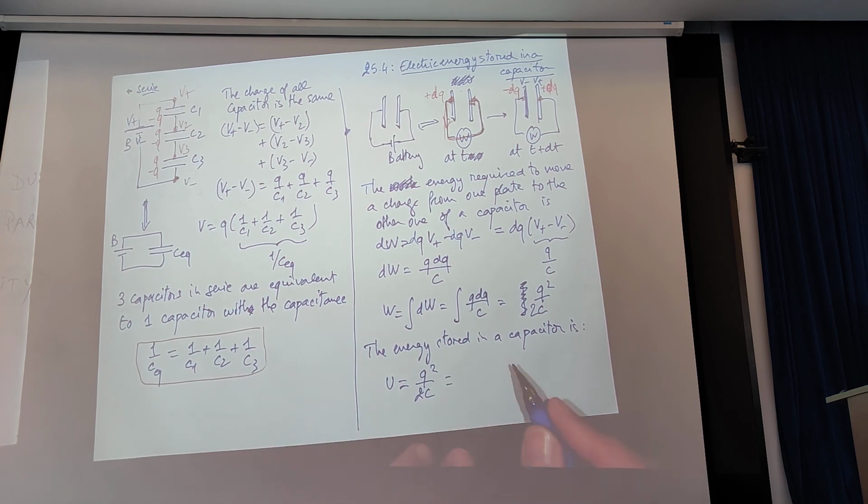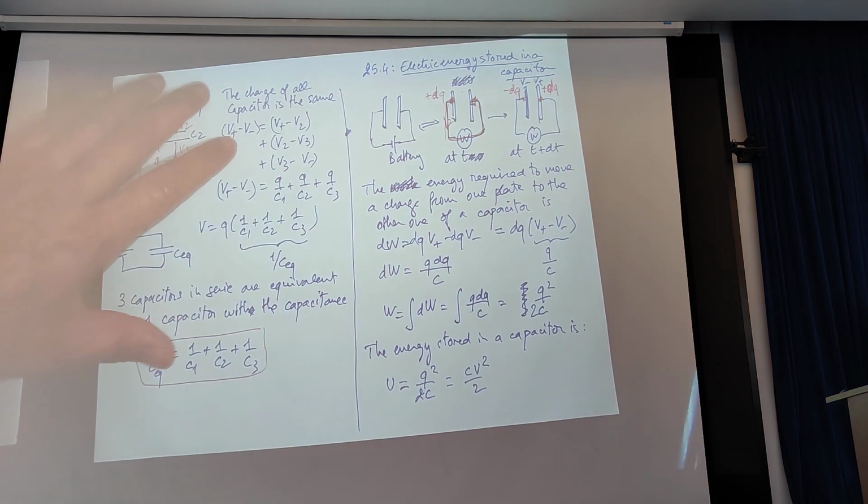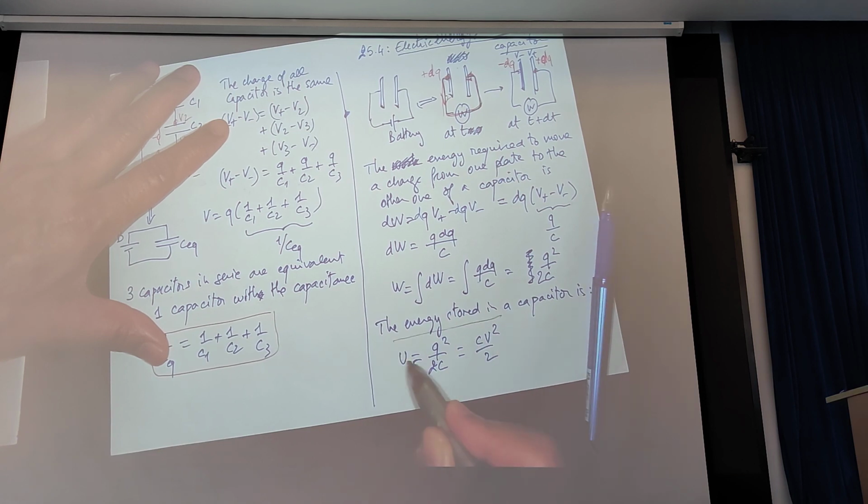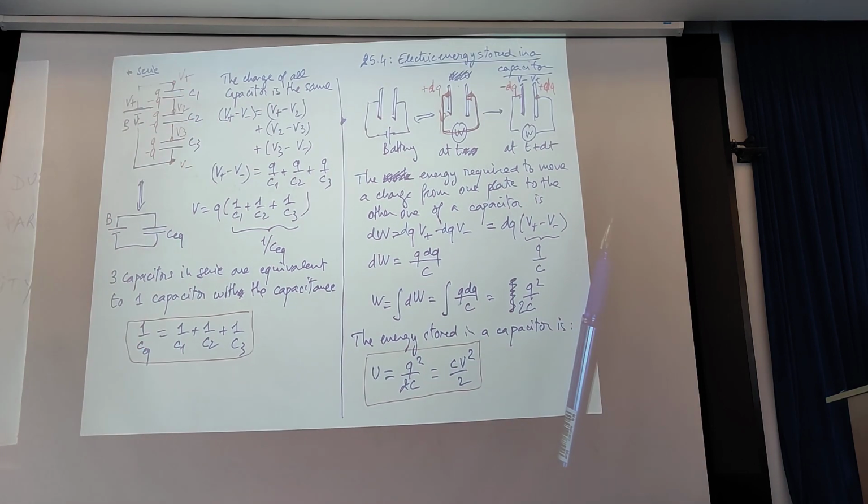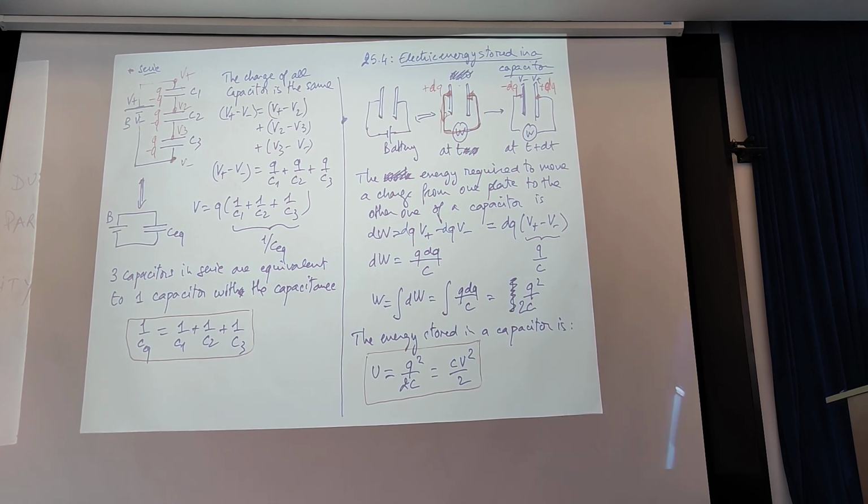Of course, you can replace the Q with the V and you have CV squared over 2. Do you have any question? It's okay?